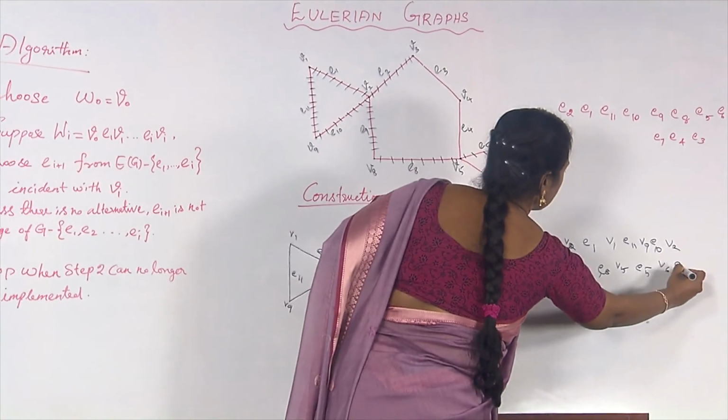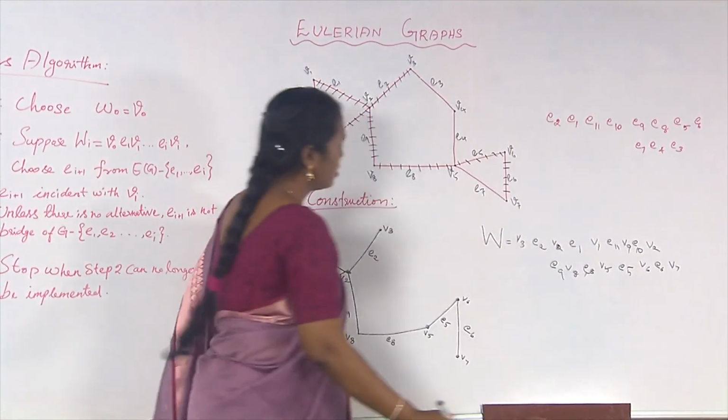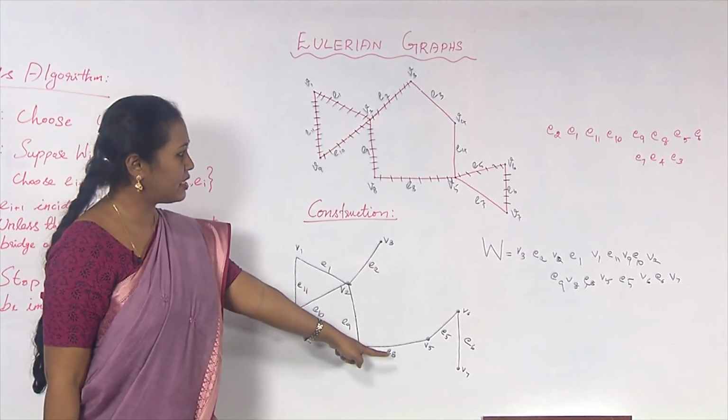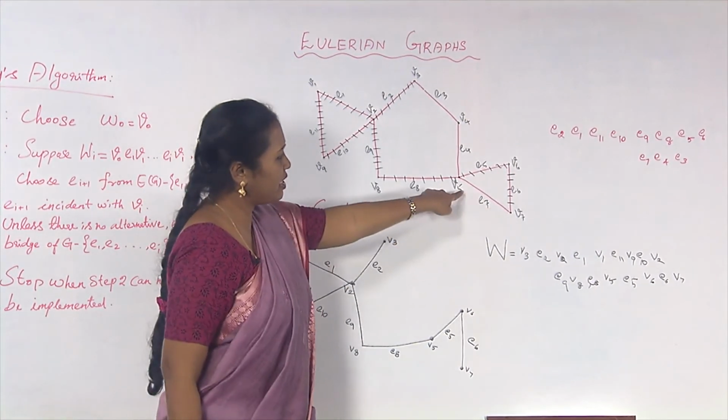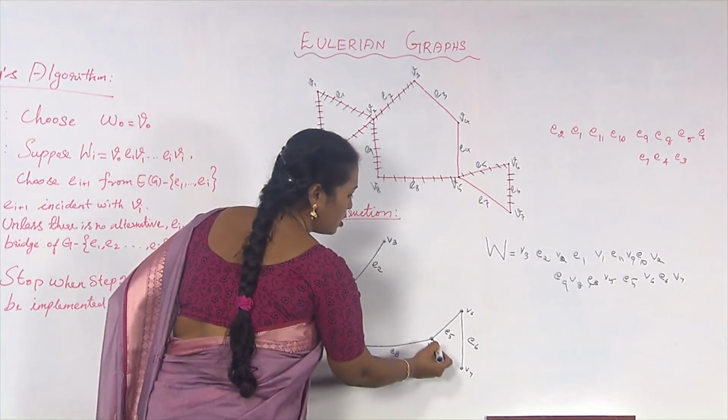E6, V7. And at V7 there is only one possibility, E7, so that can be chosen.